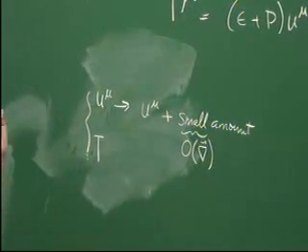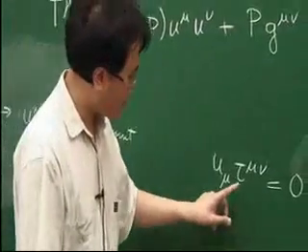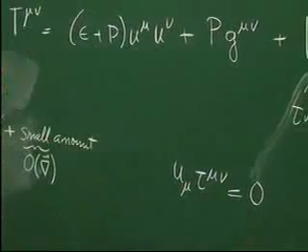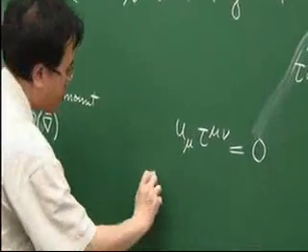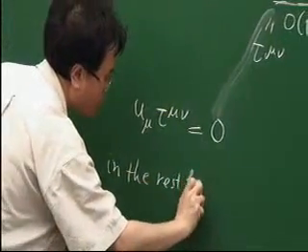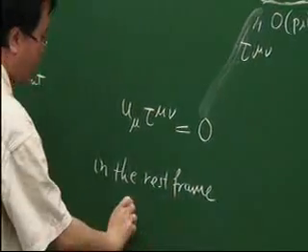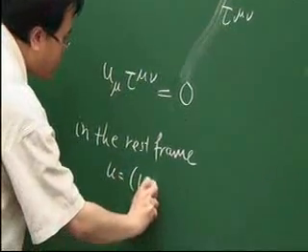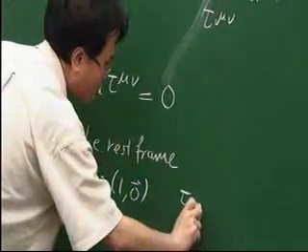Physically, what this equation tells us is that in the rest frame, where u is equal (1, 0), there is only τ^ij.